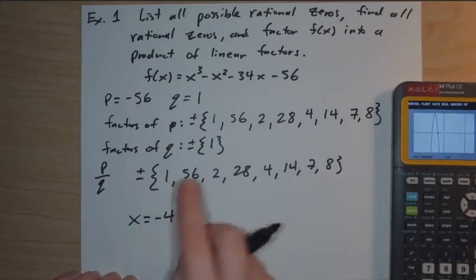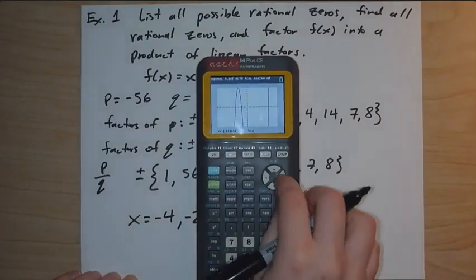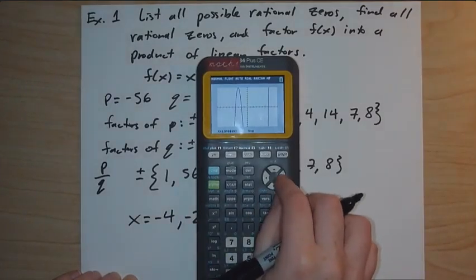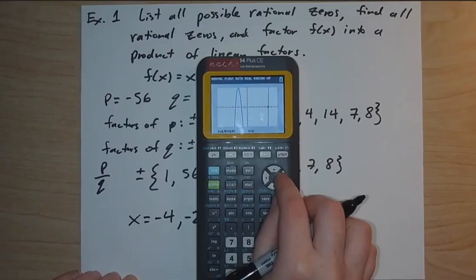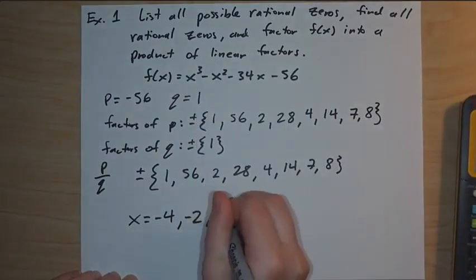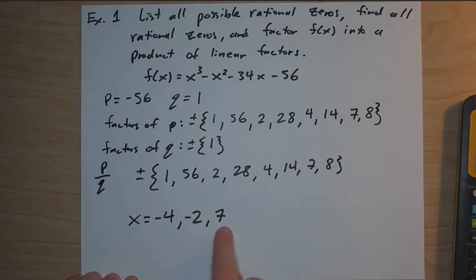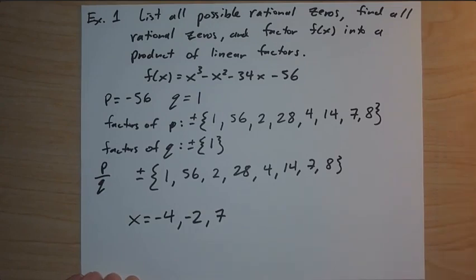So from all these factors, we have also negative 2. And going all the way over here, we have x is about positive 7, which is again in our list. So we have positive 7. So these are all the possible rational zeros, and these are the zeros from this list that actually are zeros. Well, the rational ones.